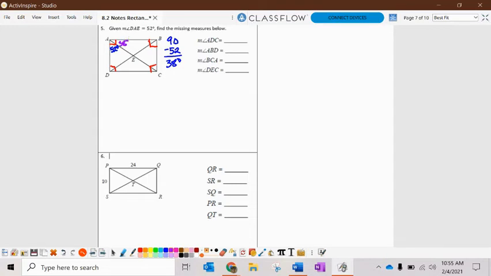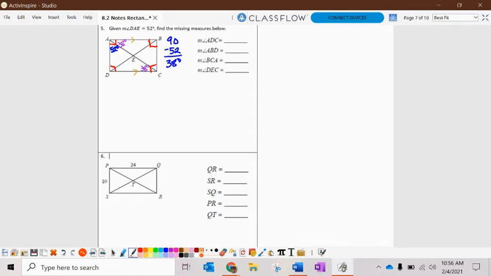Okay. And now we can think of it a couple different ways. We can look for alternate interior angles, and I should make my pen skinnier so you can see that. We can look for alternate interior angles. So looking for those z's, because we know that these opposite sides are parallel, then if I look at this z, I know that this bottom piece will be 38 degrees.